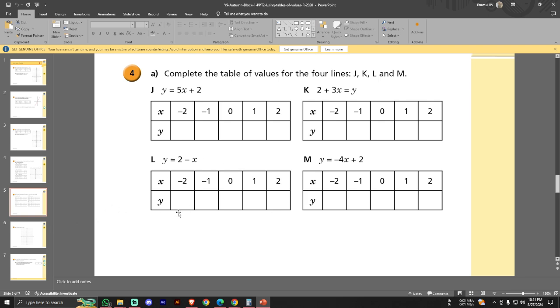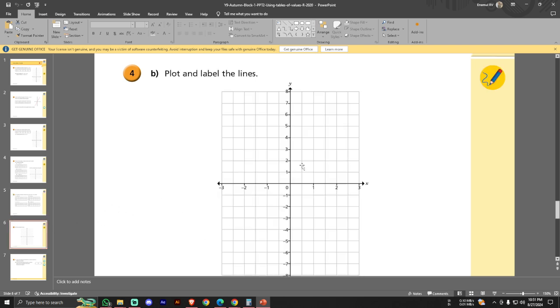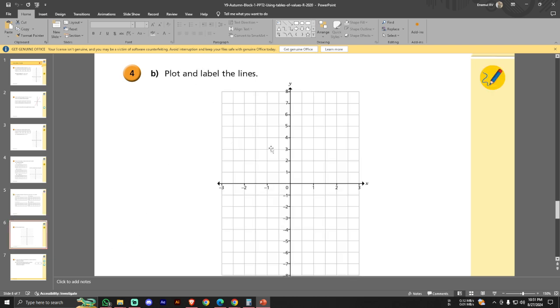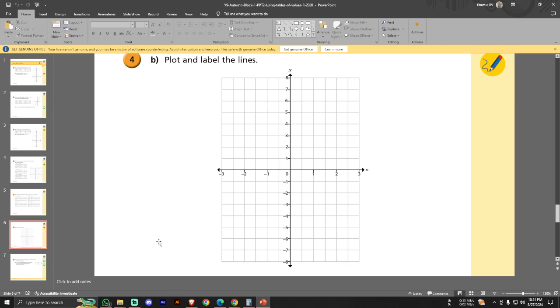So this is also easy. And of course plot the graphs, that means after finding the values in the boxes you need to plot the graph on graph paper. That wouldn't be hard either.